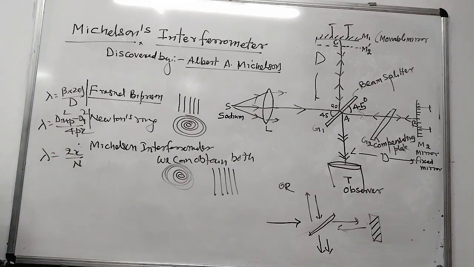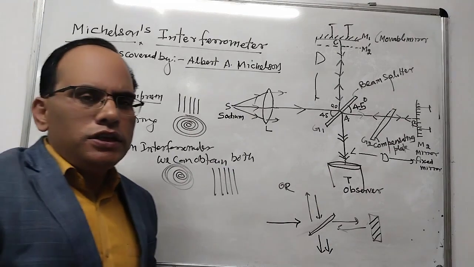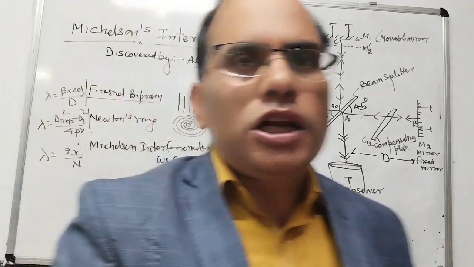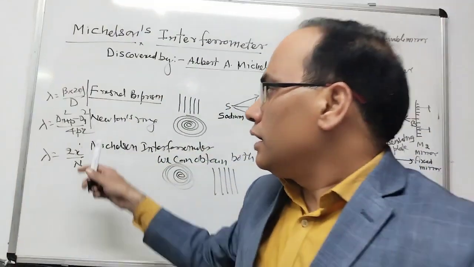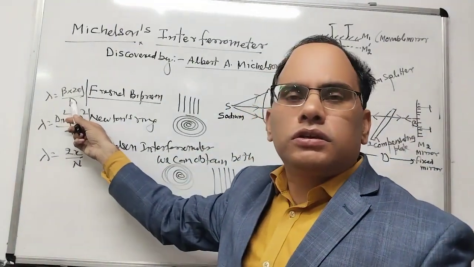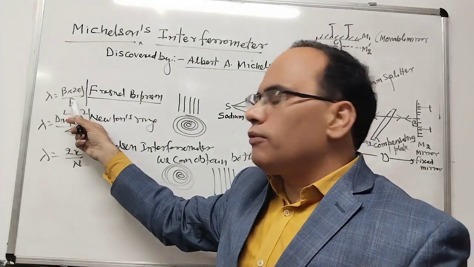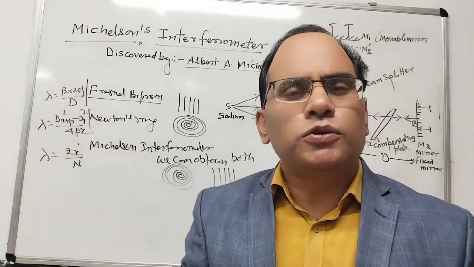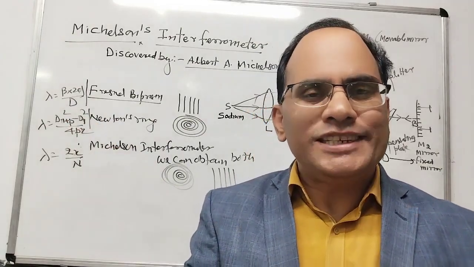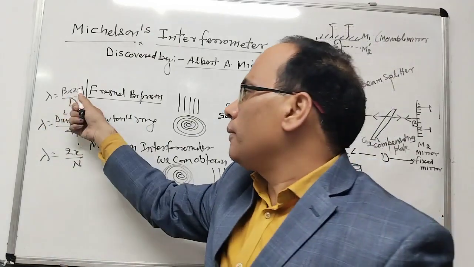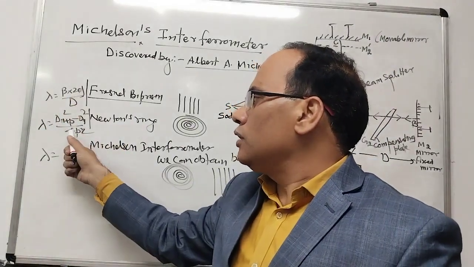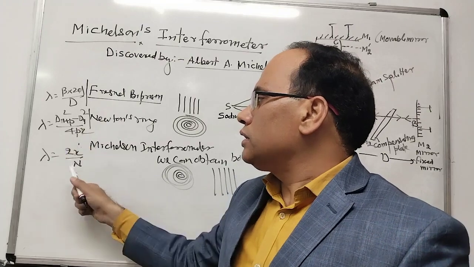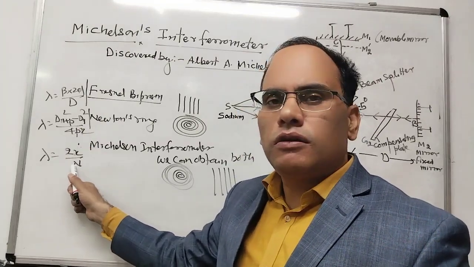Now one can ask the question, what is the role of the Michelson interferometer? Already we have covered that lambda is obtained through these formulas. Suppose there is a common source, a sodium light source. We will obtain the same wavelength through this formula and the same wavelength through this formula, and also the same wavelength through this formula.